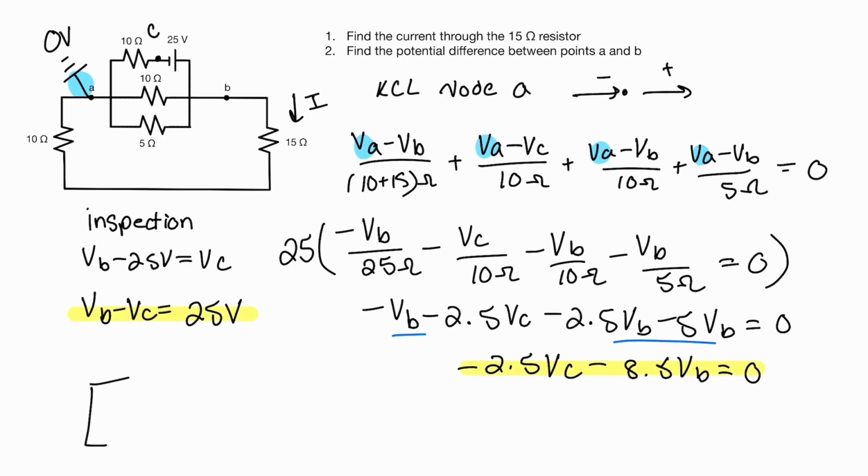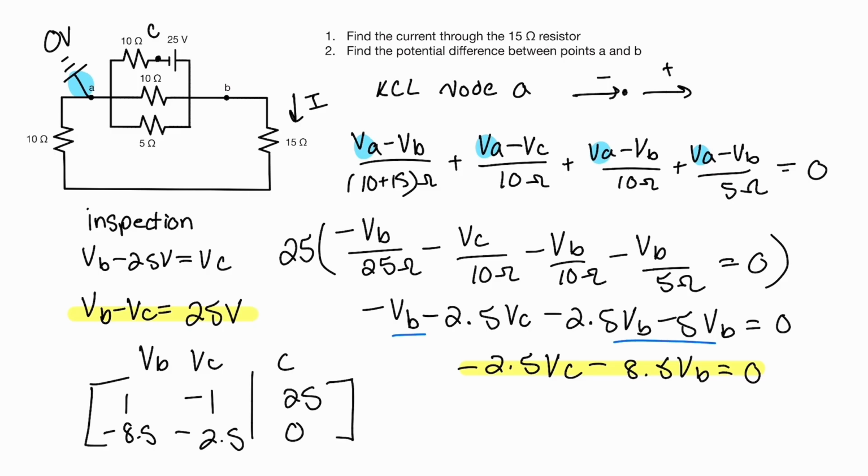So we have VB, VC, and then we'll have our constants over here. So it'll be 1, negative 1, 25. And then we'll have negative 8.5, negative 2.5, and 0. Since this column right here is all the VBs, and then this is all VCs.